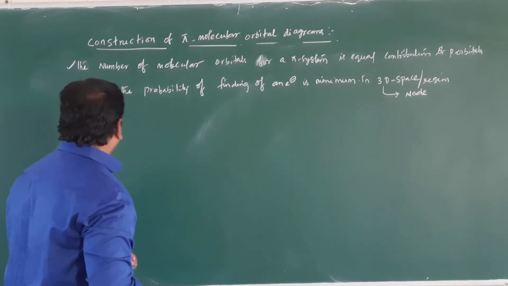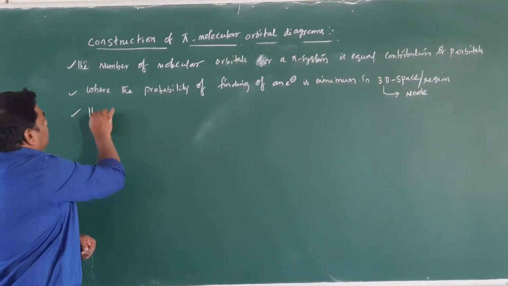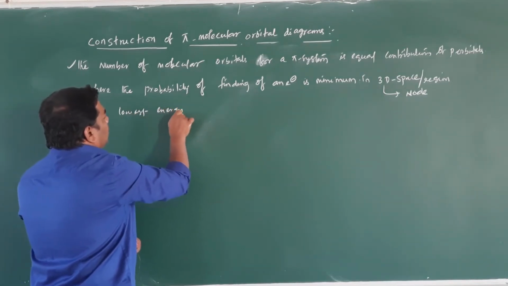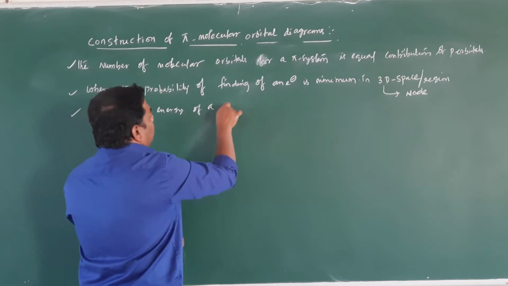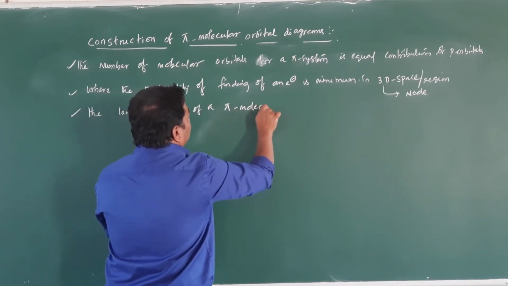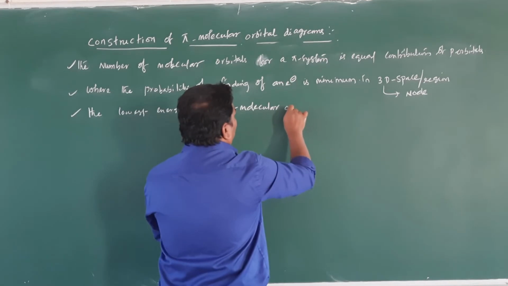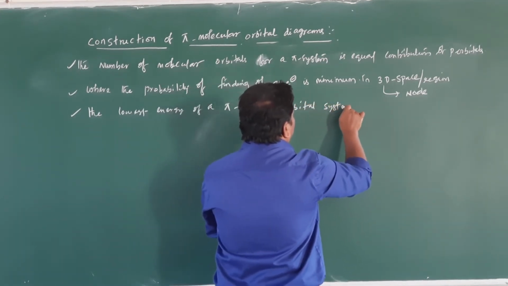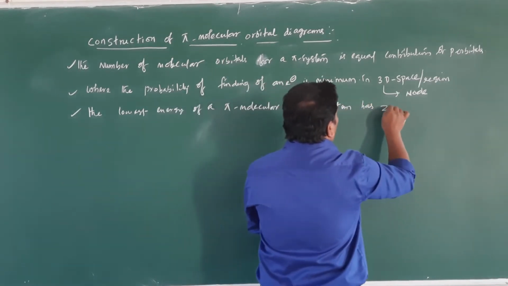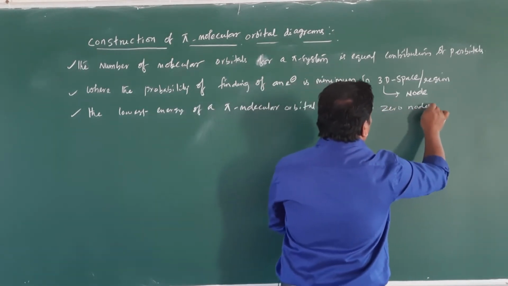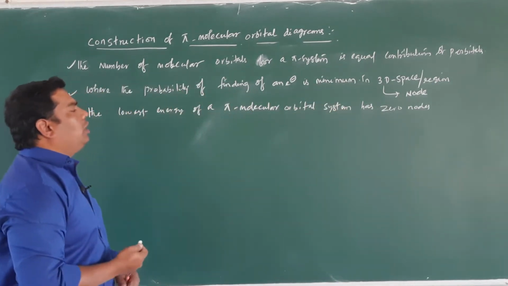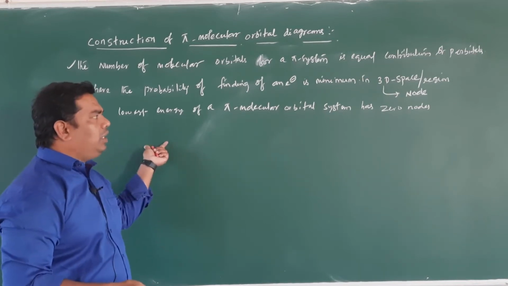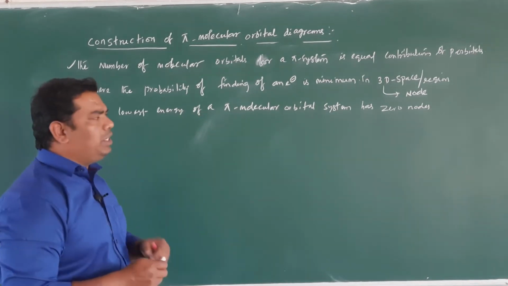Clear, students? Right. So, the next point: the lowest energy pi molecular orbital has 0 nodes. In a pi molecular orbital system, the molecular orbital with the lowest energy has 0 nodes, which means no nodal plane will be present.